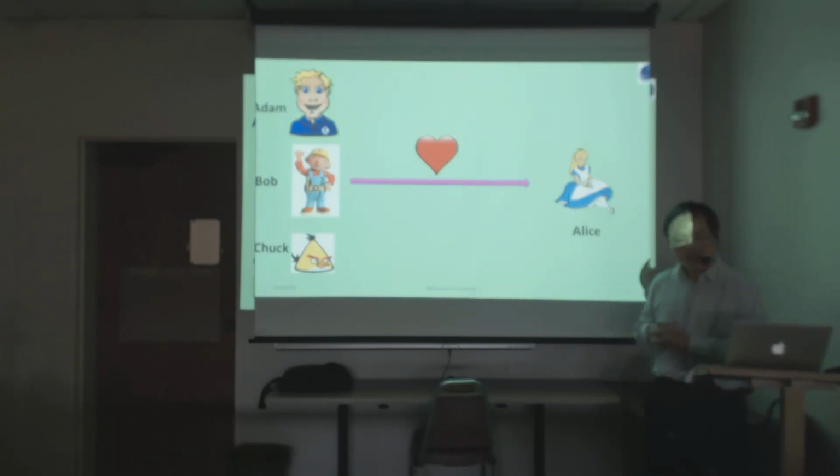Now, it's a story of one nice guy. Now, we have another story of an alliance, or a gang of three nice guys: Adam, Bob, and Chuck. All of them want to get Alice's attention.